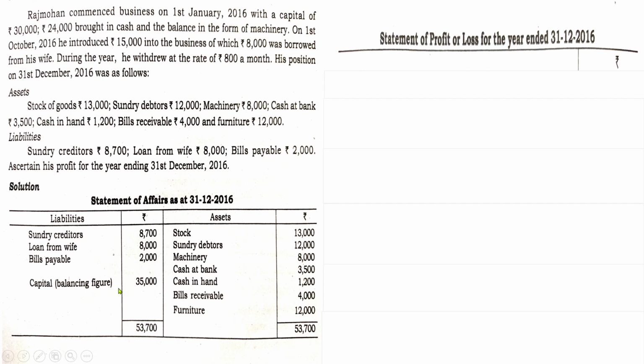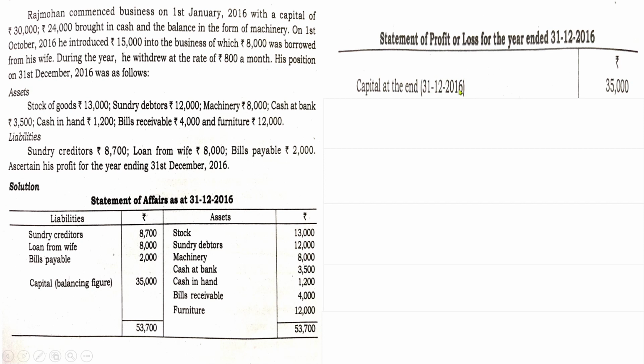Which one? We will begin with closing capital. So closing capital can be obtained from the closing statement of affairs. Here it is given 35,000. You can write closing capital, or you can write capital at the end, or you can simply write the capital and specify the date.